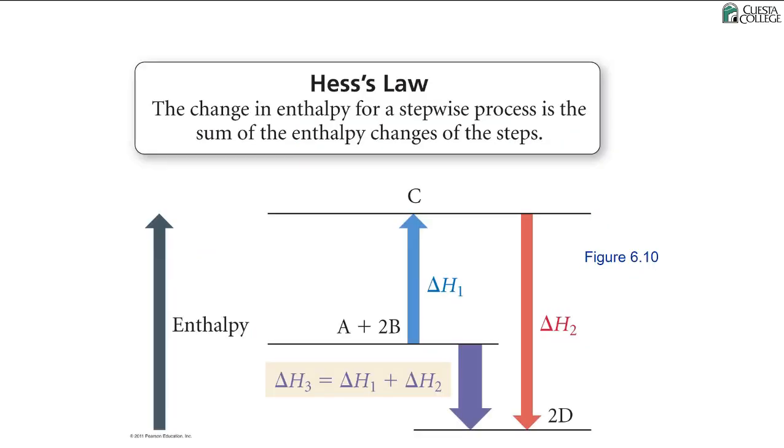Here's a picture of what Hess's law can do for us. Here's enthalpy, or delta H, on the y-axis, and here are some reactants and products. The reactants start out as A plus 2B. Those reactants could make an intermediate called C, and then C could turn into 2 molecules of D. Maybe a chemist is able to measure delta H1, or the change in enthalpy for the first step.